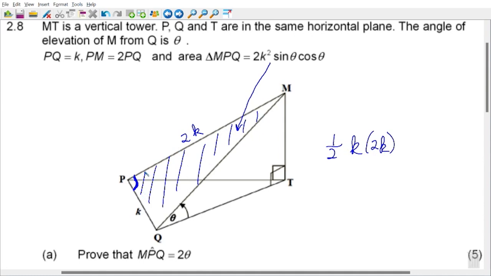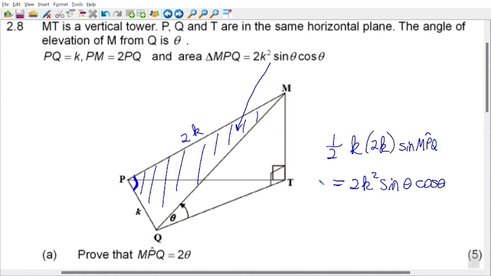So I'm using this side, this angle, and this side. And this angle is MPQ, so times sine of MPQ. But I know that this actually equals 2k squared sine theta cos theta.